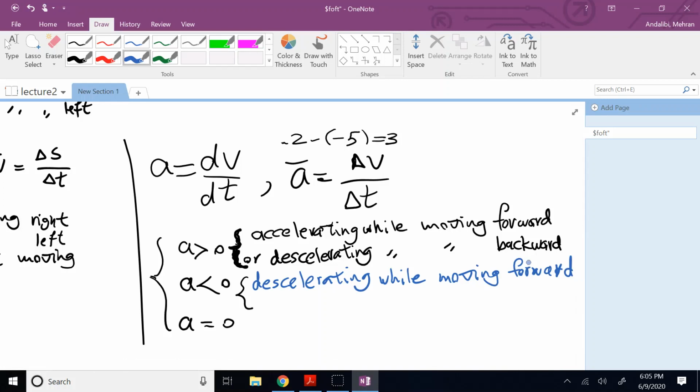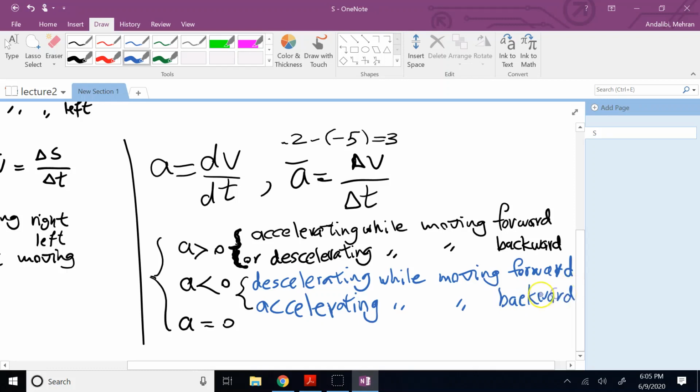Okay? So when you're moving backward, if you accelerate, that is also negative acceleration. So again, you see, it doesn't say anything about the direction of motion.